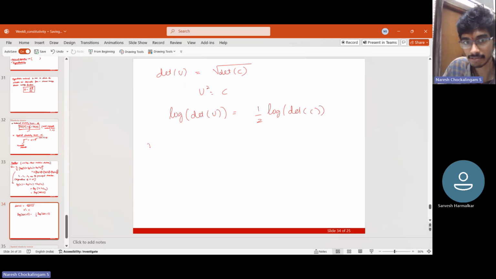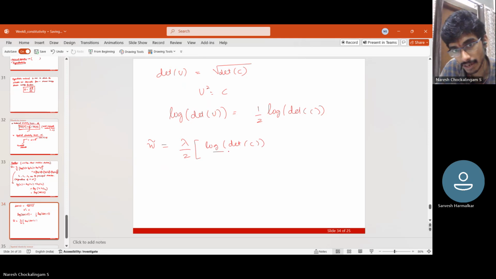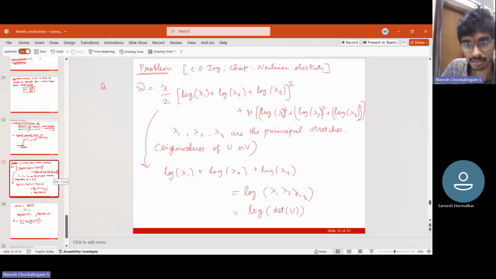So the first term is W tilde is equal to lambda by 2 log of determinant of C divided by 2, the whole square. Plus, what is the second term? Second term, we have log of lambda 1 square, log of lambda 2 square, log of lambda 3 square. But what is this?